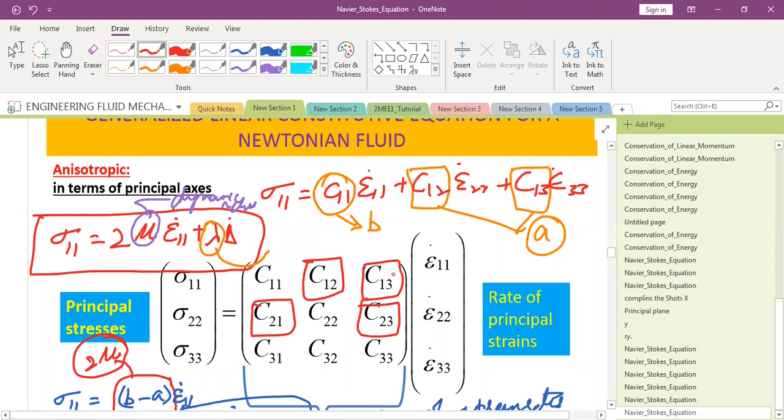So C12 and C13 both are equal to say A, and C21 and C23 are equal to B.